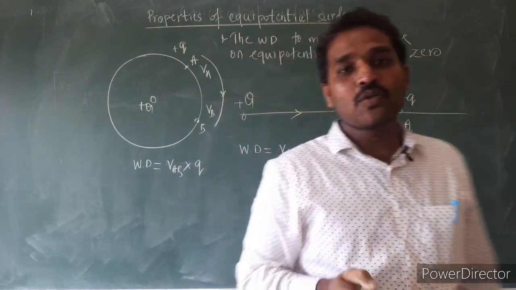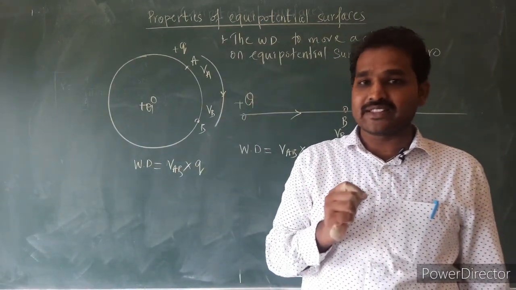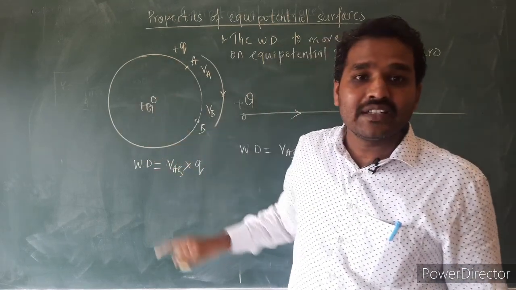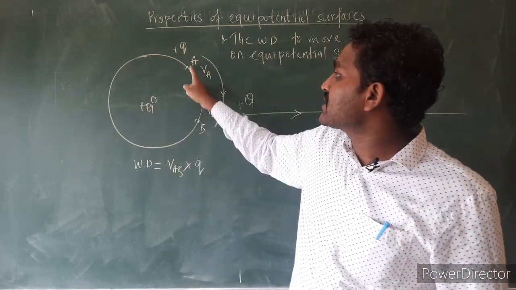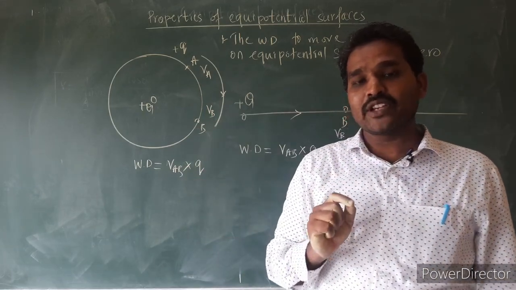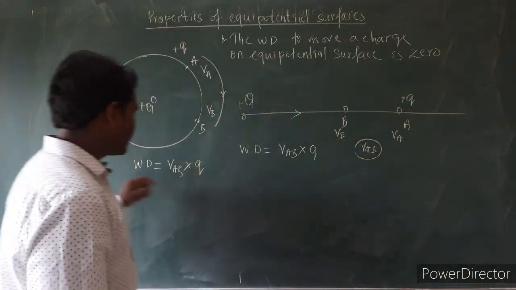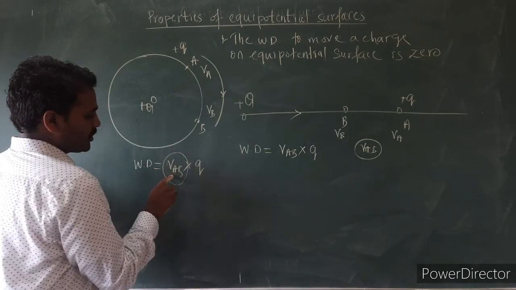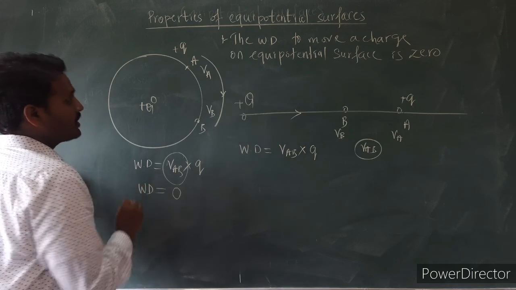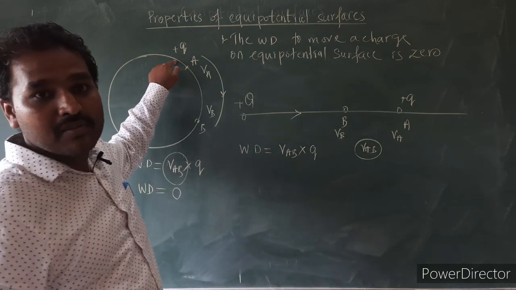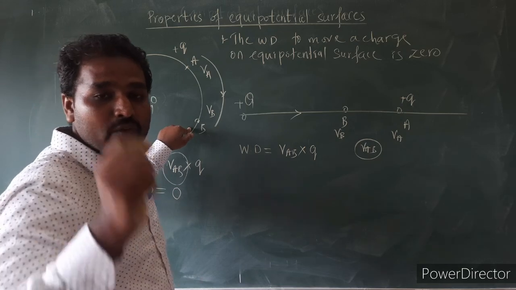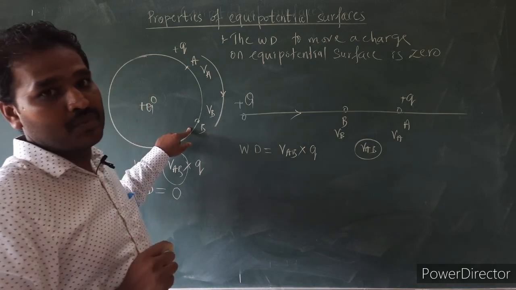Is it not? But what is the definition of an equipotential surface? We have already stated it is a surface on which the electrostatic potential difference between any two points is equal to 0. Hence, in this case, your potential difference will be equal to 0. Hence, the work done to move a charge between any two points on an equipotential surface will also be equal to 0.